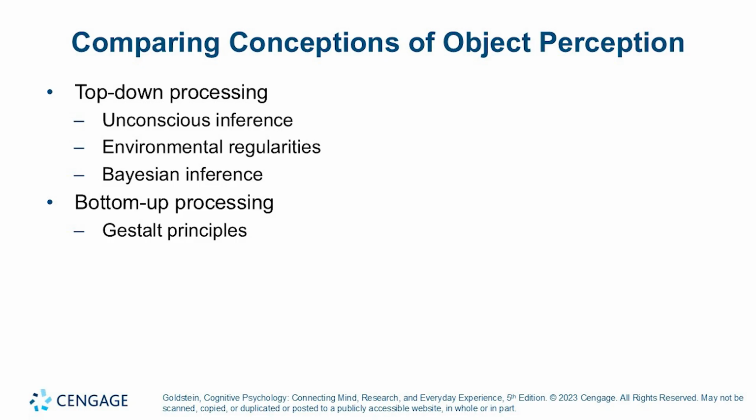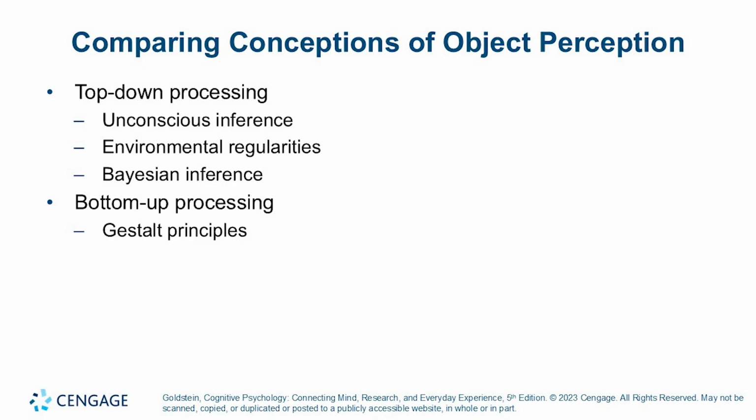So to review the different ways that we have of thinking about how the brain builds our perception of the world based on the sensory information coming in from the outside, we have multiple top-down processing approaches, including unconscious inference, using environmental regularities, and Bayesian inference.